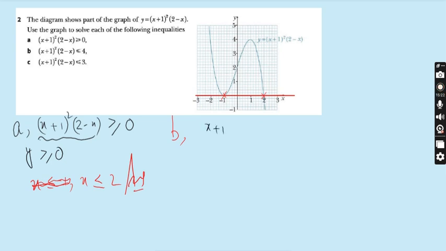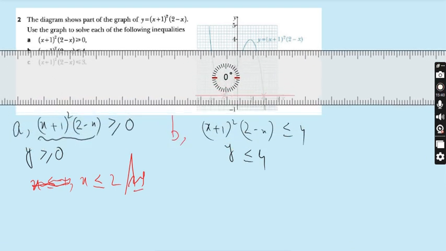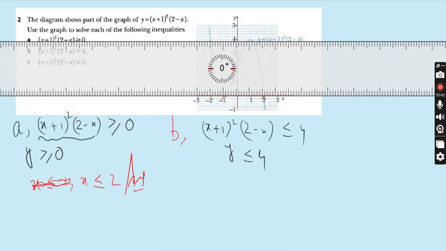(x plus 1) squared (2 minus x) less than or equal to 4. Again this is y. So y less than or equal to 4. Draw the line which is y equals 4. Draw carefully.